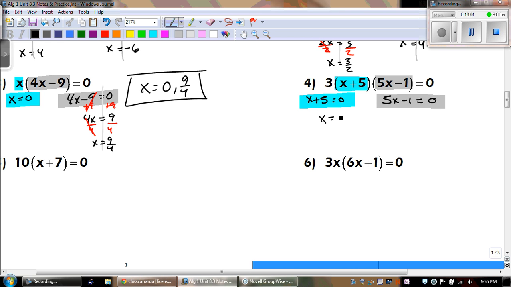Remember, all you do is subtract, so you should get that x equals negative 5. That one in the blue you should be able to do in just a second or two, okay? Now in the gray, once again, we have a little bit more work. We have to add 1 to both sides, and we get 5x equals 1. And then to get the x by itself, we have to divide by 5, and we get that x equals 1/5. So in numerical order, our answers are x equals negative 5 and a positive 1/5.